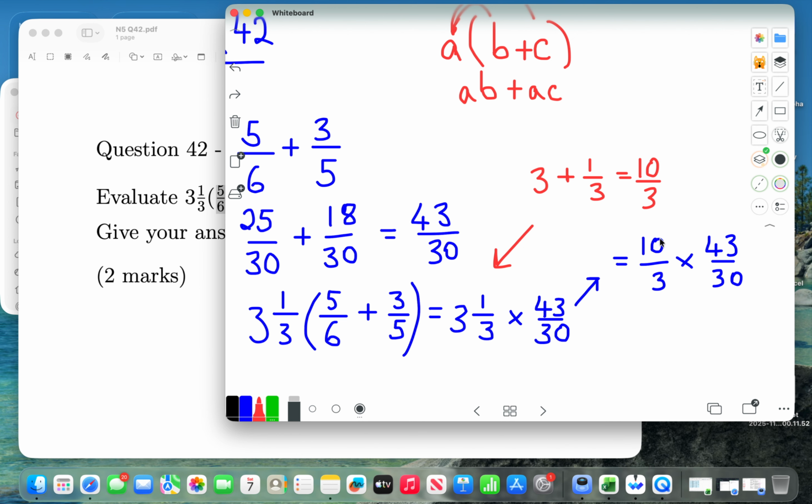The highest common factor is 10, so I will divide both by 10 and put a 1 and put a 3. Now, 3 and 43, the only common factor is 1, so we can't cancel anything. So we'll get 1 times 43 is 43, all over 3 times 3 is 9.